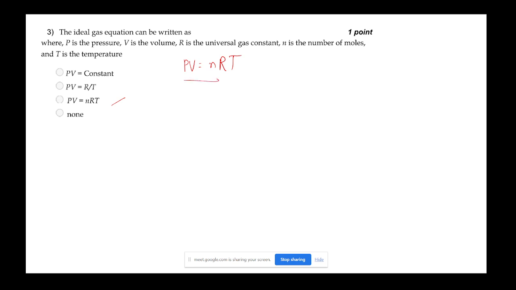Earlier in this lecture I already explained how pressure is related. Pressure is directly related to temperature and number of moles, while pressure is related to 1 by volume. So if we combine, pressure is proportional to T into n by V, and removing the proportionality and adding a constant, we will have PV equals nRT.